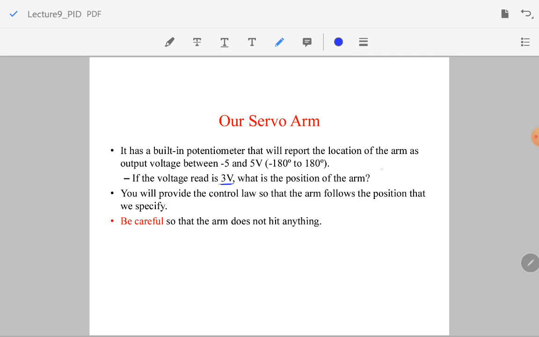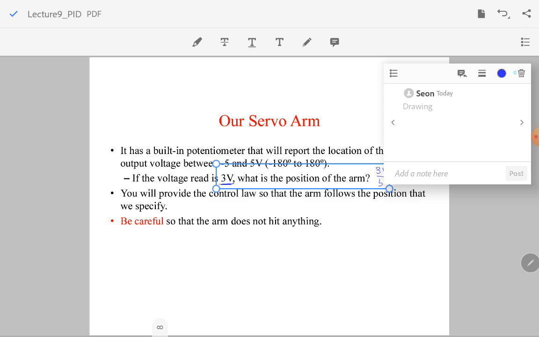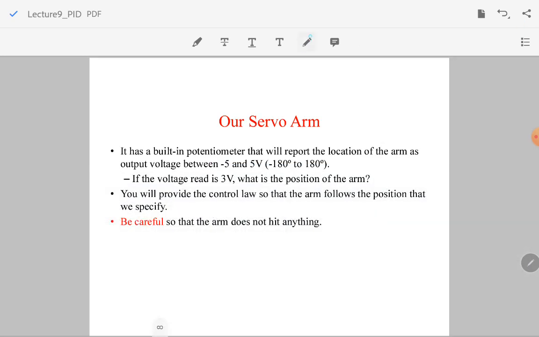Can we just do ratio? 3 volt to 5 volt. No. How do you guys do this? Let me see. Let me get rid of that. So do you do 5 volt divided by 180 degrees equals 3 volt divided by x degrees? How's that?